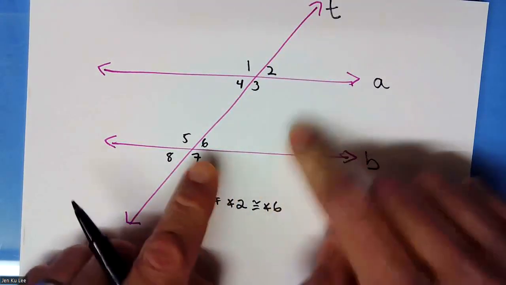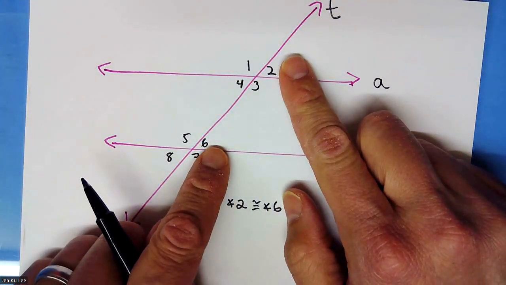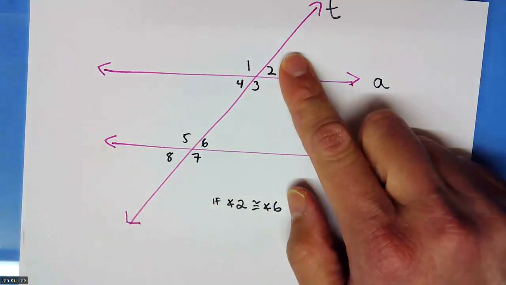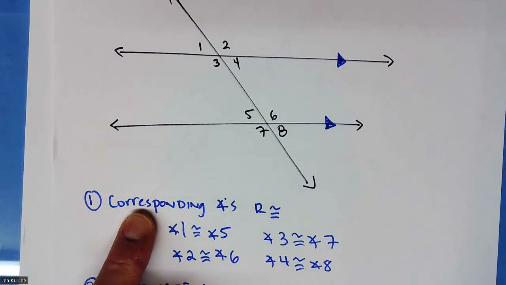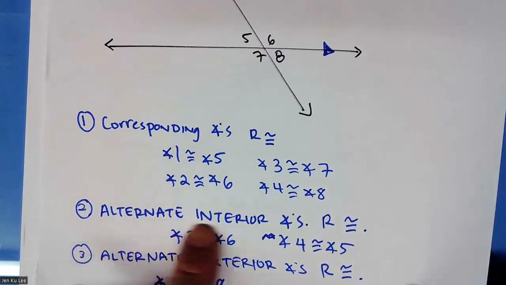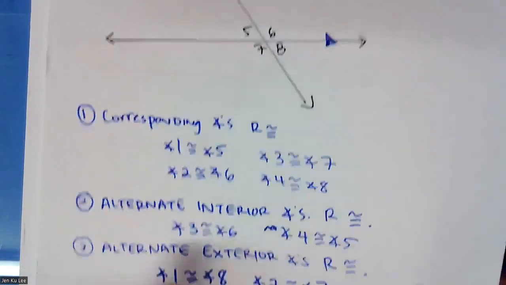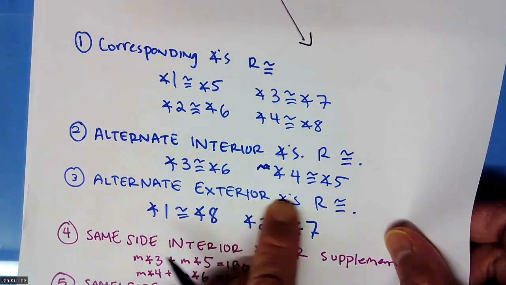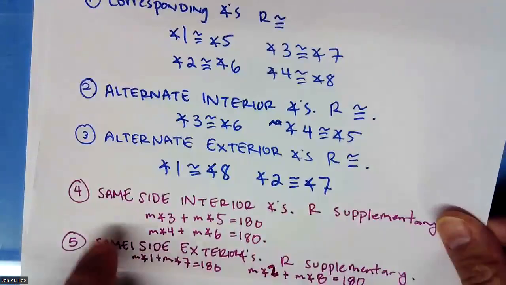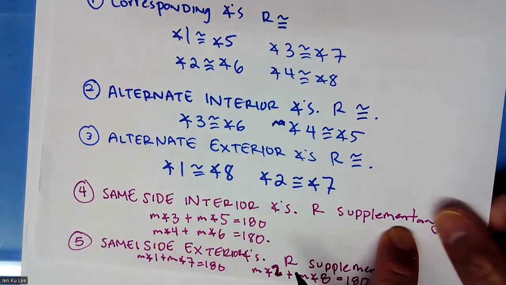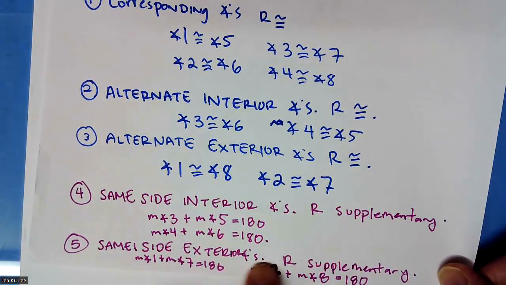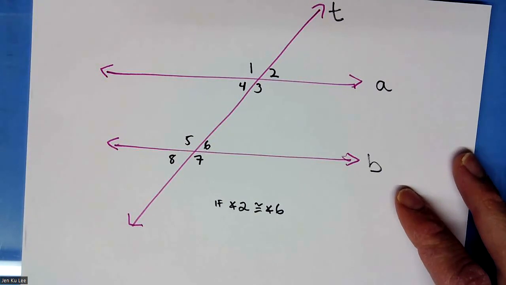So if any set of corresponding angles are congruent, any set of alternate interior angles are congruent, any set of alternate exterior angles are congruent, any set of same side interior angles are supplementary, and the same thing with same side exterior angles being supplementary, then the lines are parallel.